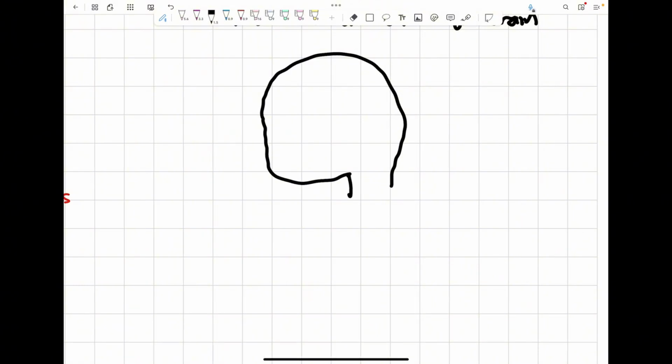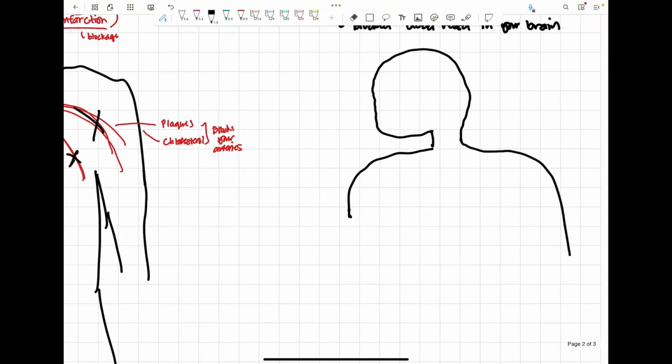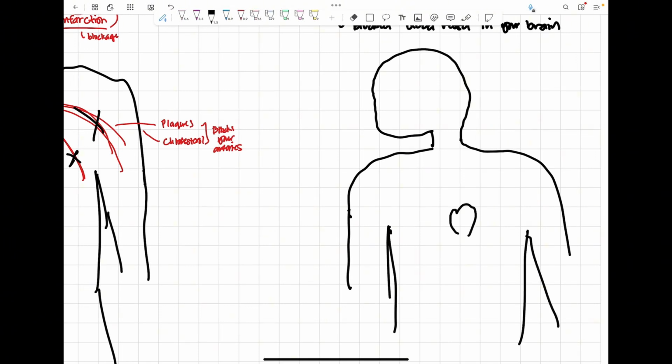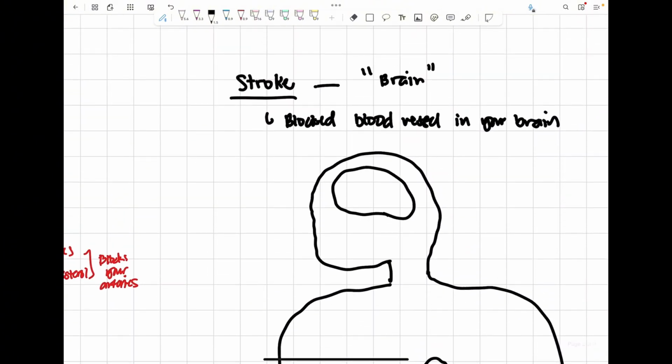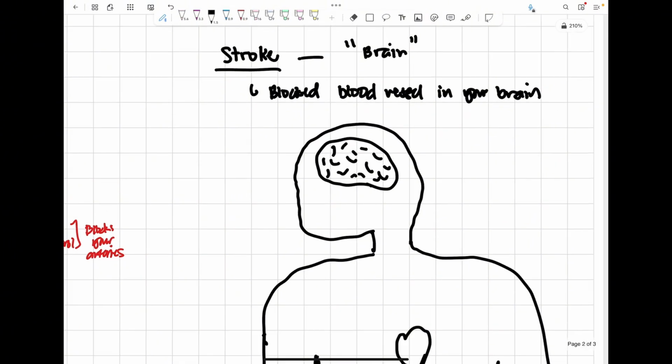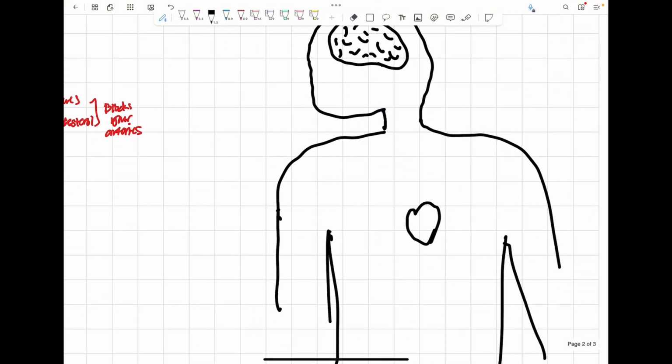So let me draw it first. Sorry, I'm not a good drawer. This is the heart, the artery, this is the brain. Okay, that's his brain and this is his heart.